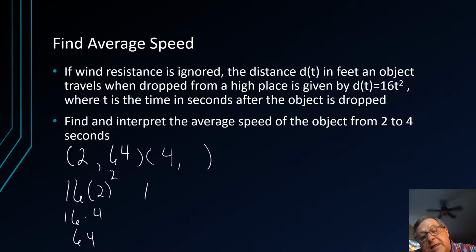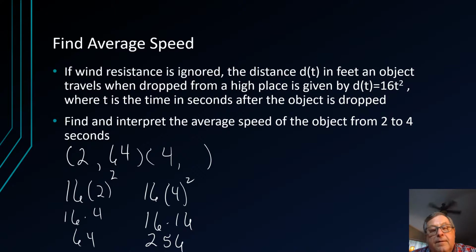So we got 16 times 4 squared. And 4 squared is 16. So we got 16 times 16, or 16 squared, which I believe is 256. Make sure that's right, 16 squared. Yeah, 256.